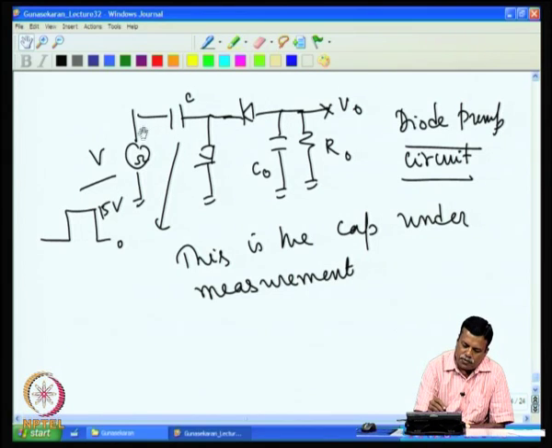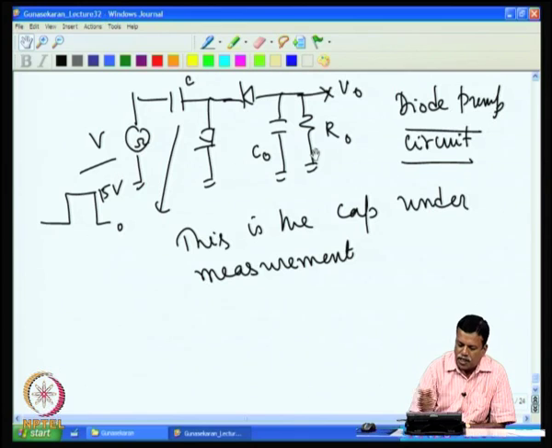So, when it is high, the capacitor is charged, and when it goes to 0, the capacitor discharges its charge to the output capacitor, and then the output capacitor voltage builds up, and that also leaks through this R naught.